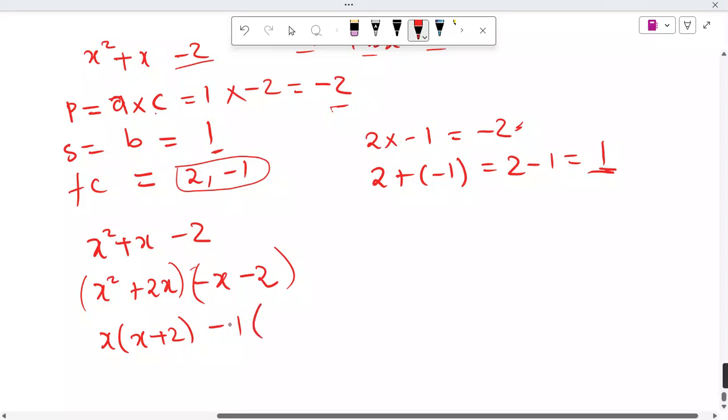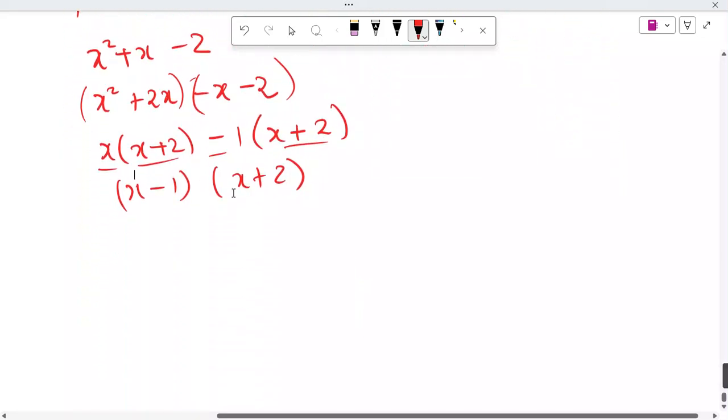So negative 1 multiplied by x, negative x divided by negative 1, it will be just x. And then here it will be positive 2. So what is outside, group them. You have x minus 1, then x plus 2.